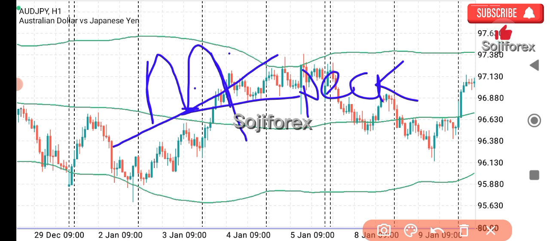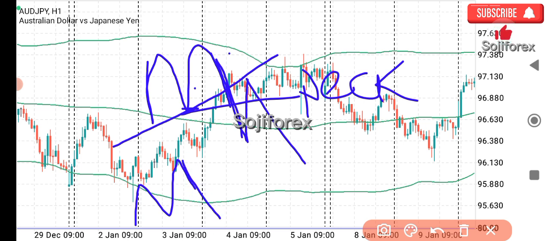So we'll need price to break the neckline, then come to retest the neckline, and continue to the downside. What some people don't know is that this M pattern is the same thing as a break of structure. In a break of structure, the market does something like this, which is also another pattern of M, either equal or higher.